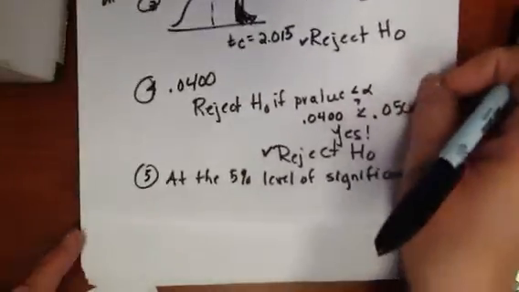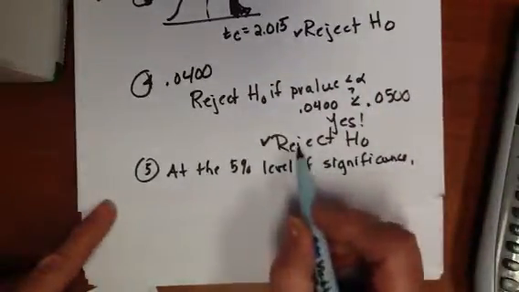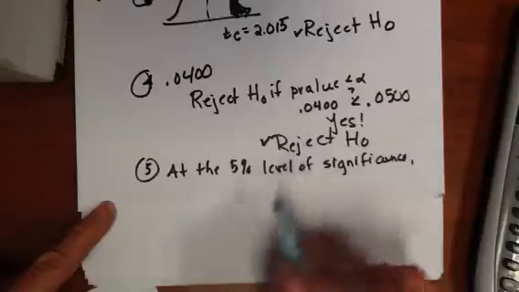we want to say we do or do not have enough statistical evidence. The only time we say do not is if we do not reject.